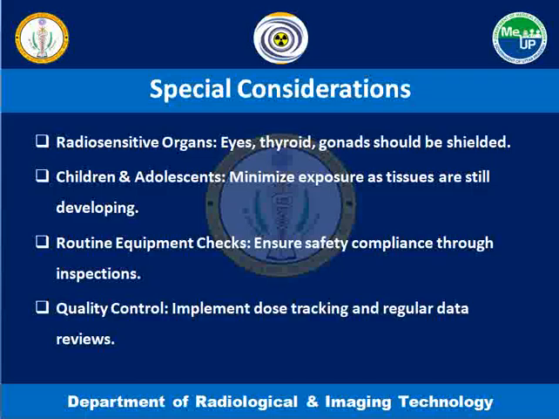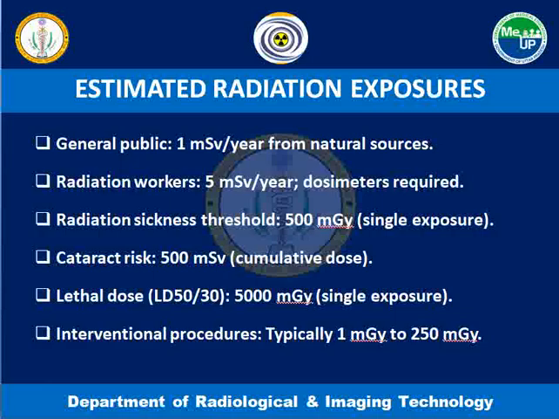Regular equipment inspections must be conducted to ensure that all X-ray systems function correctly and comply with safety standards. Additionally, quality control measures, including dose tracking and routine data reviews, should be implemented to monitor radiation exposure levels and improve overall safety protocols.